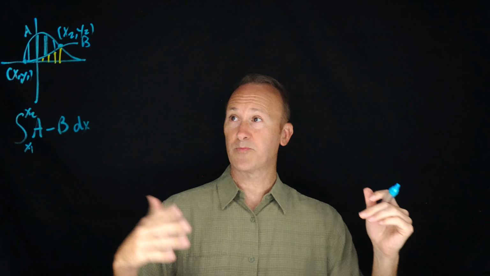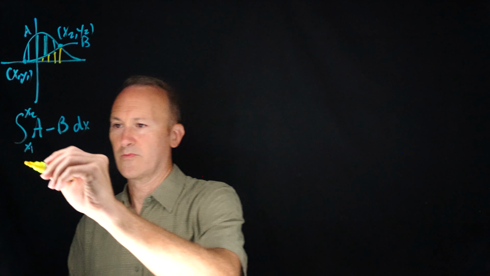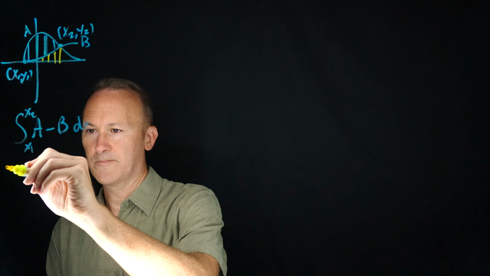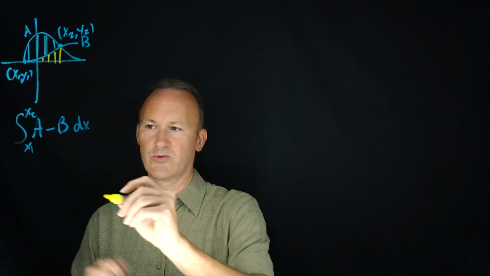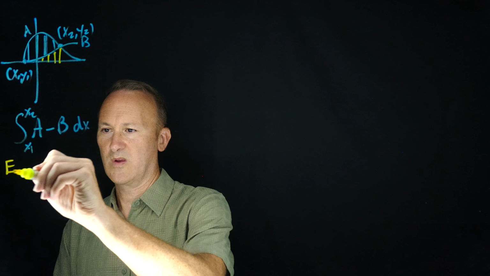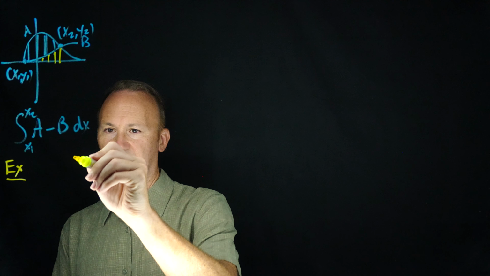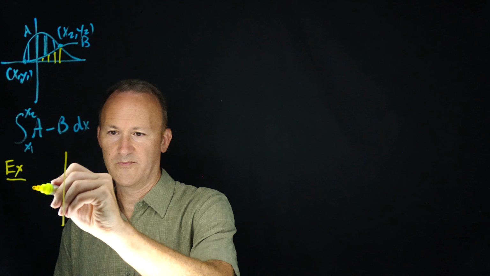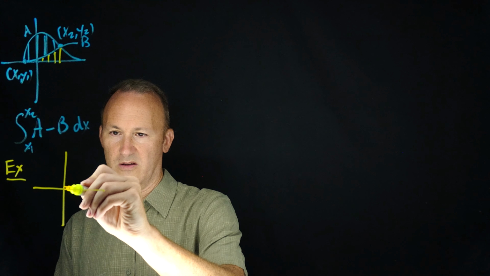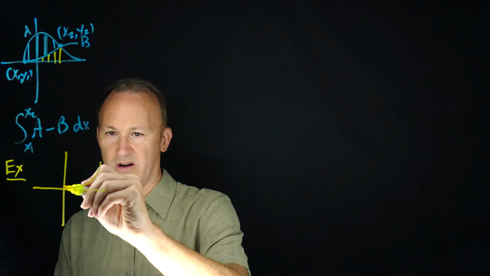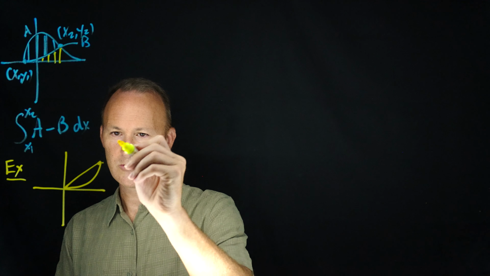Okay, so let's make it practical. Let's do a practical example. Okay, so how about the following example, and let's do it with a visual here again. We're going to look at the area between, let's say, y equals x squared and y equals x.